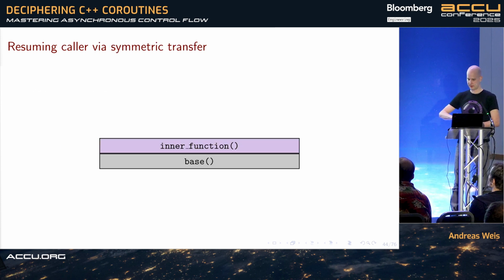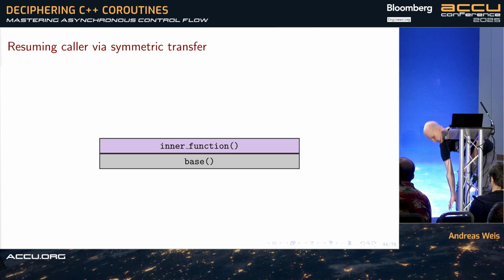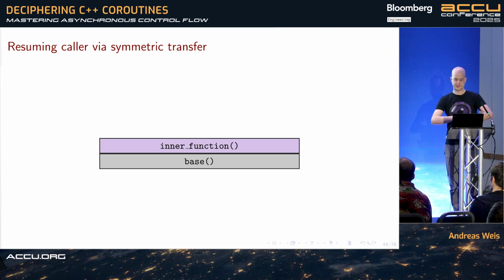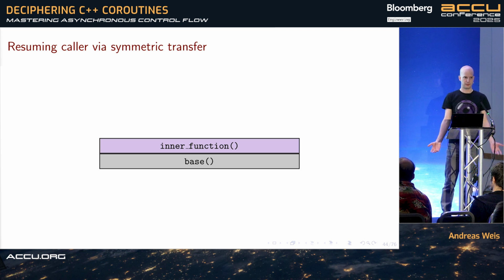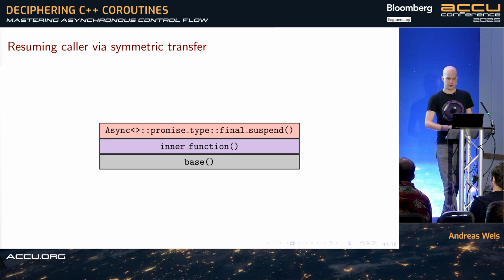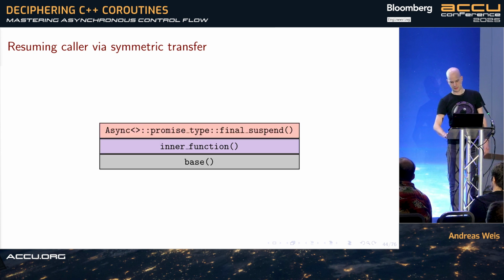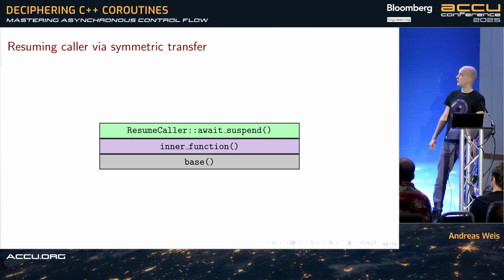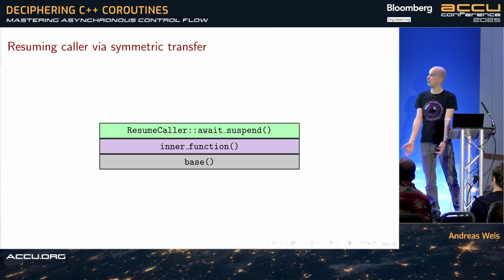And then once more, since it's so unusual, the call stack, right? The inner function gets resumed on its own. Eventually, it will run to completion. Final suspend will get called on its promise. That will return this resume caller.